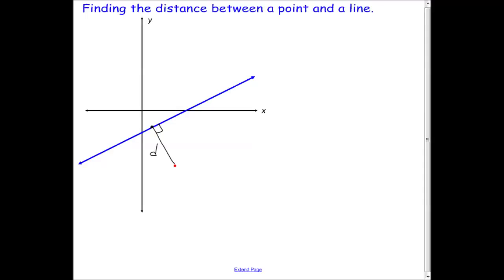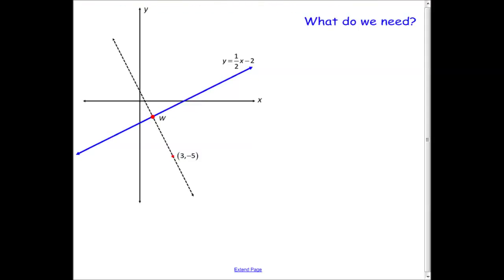Well, let's start by looking at a specific example. I'm going to place this on a graph and give you some information. So we've got a specific line now and its equation: y equals 1/2 x minus 2.